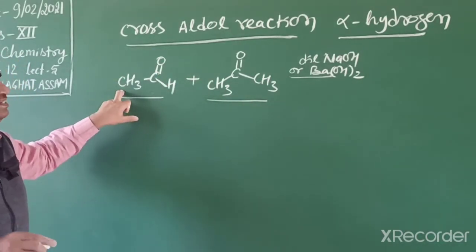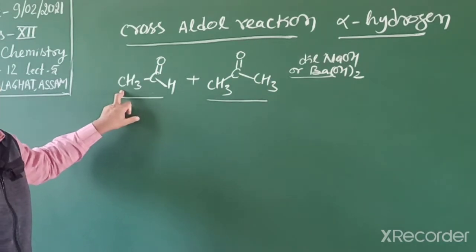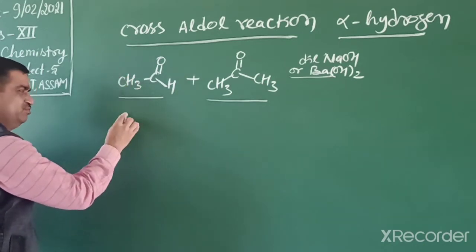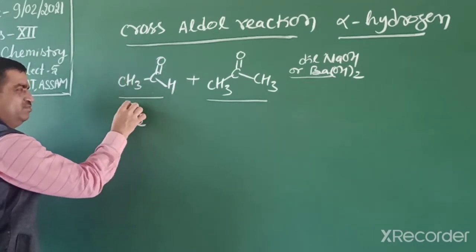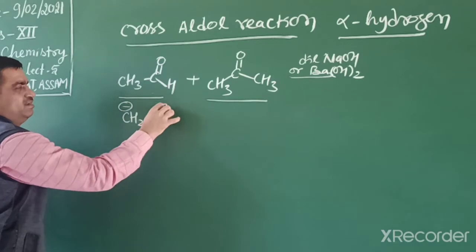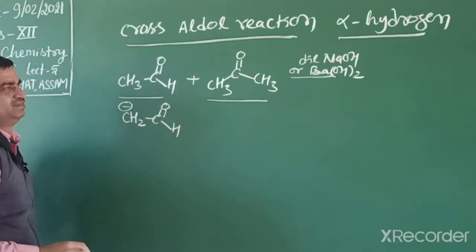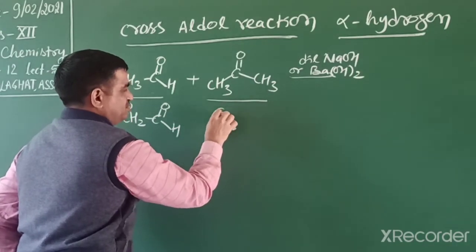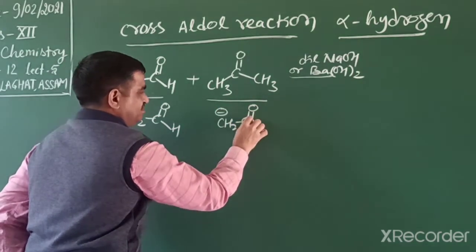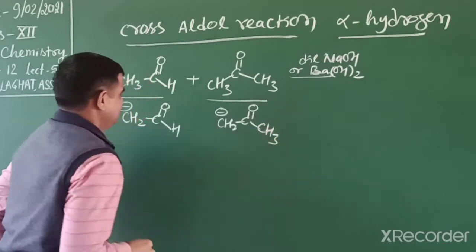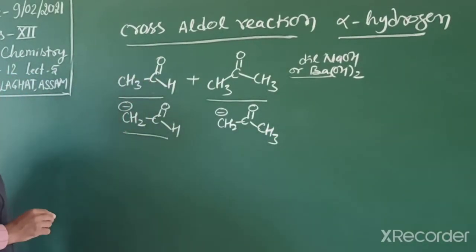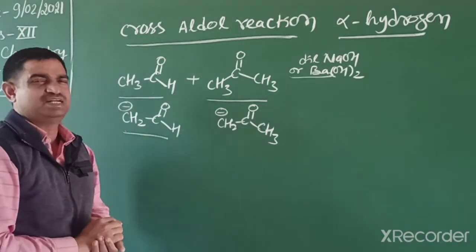So first we write in this reaction the aldol product and then the cross aldol. It means if this compound loses one proton, we get this carbanion, and from this compound it produces this carbanion. If this carbanion attacks the same molecule, then the product is the aldol reaction. So first we write the aldol product.